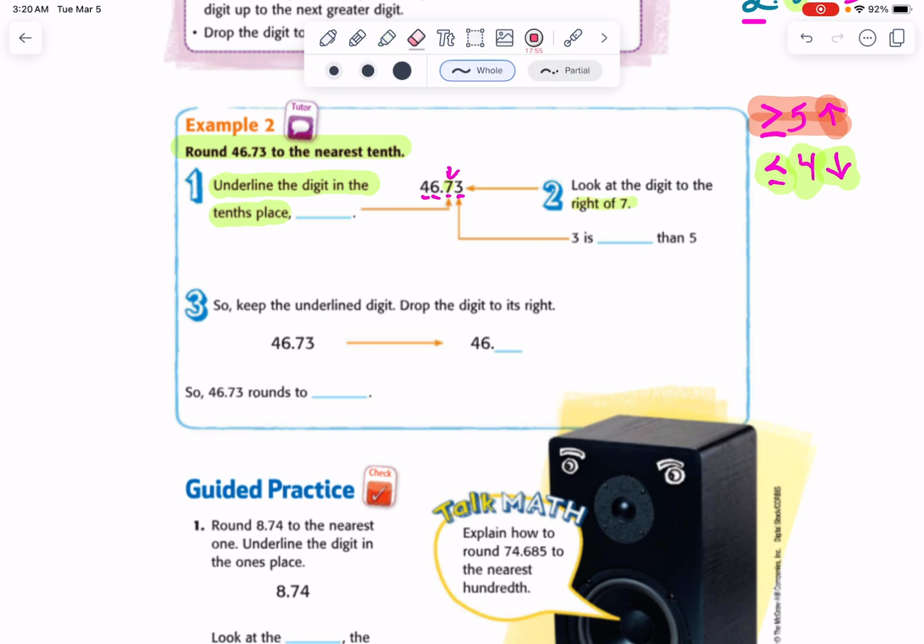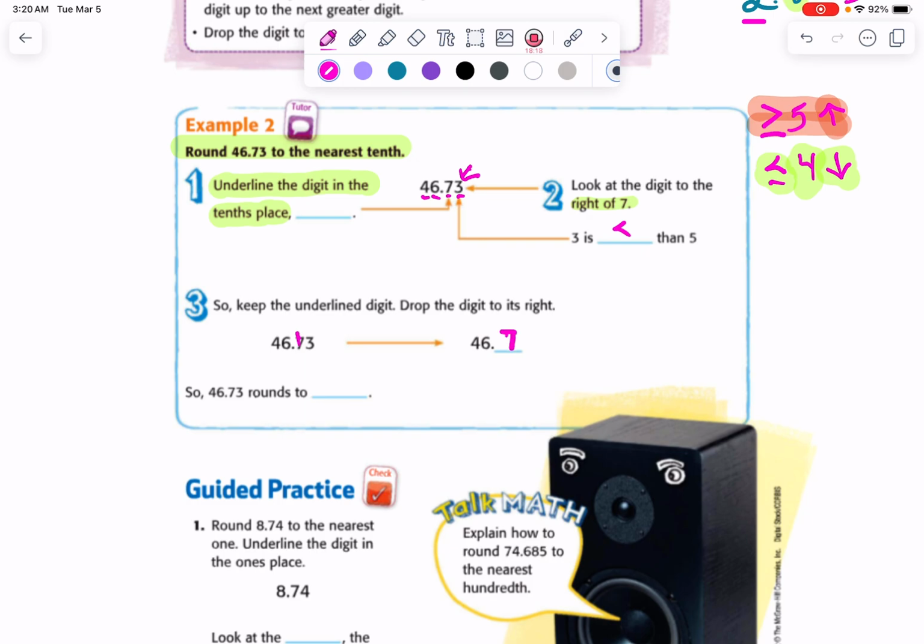Let me get rid of this arrow here. We're going to look at the digit to the right. That would be the hundredths place or the 3. 3 is less than 5, right? So that means we keep the 7 the same. So this 7 here is not going up.